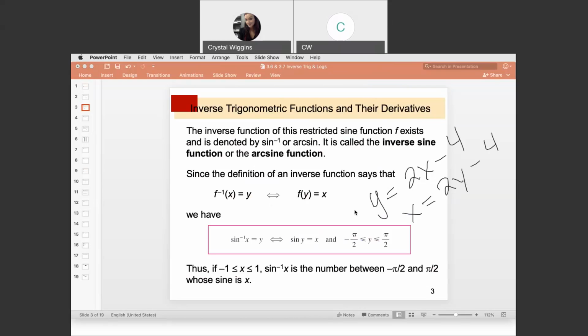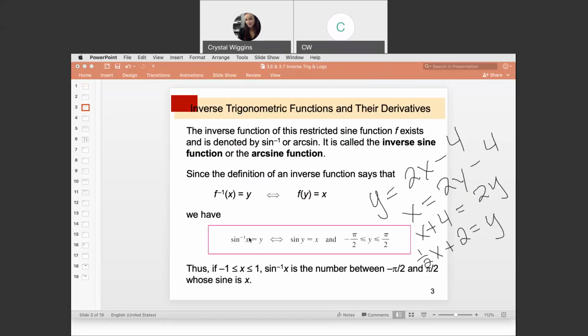I would add the 4 to the other side, and then divide by 2, giving me y equals 1/2 x plus 2 is the inverse line to my original line. Okay, so switch the x and y's and resolve for y.